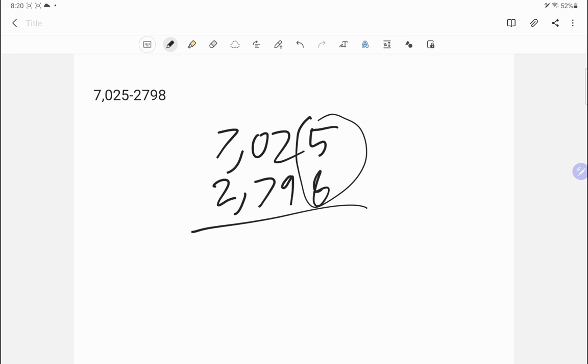The one on the right side first. So now look at the 5. You can't subtract 8. You can't do 5 minus 8. So you have to get a 10 from the 2. So that 2 is no longer a 2.